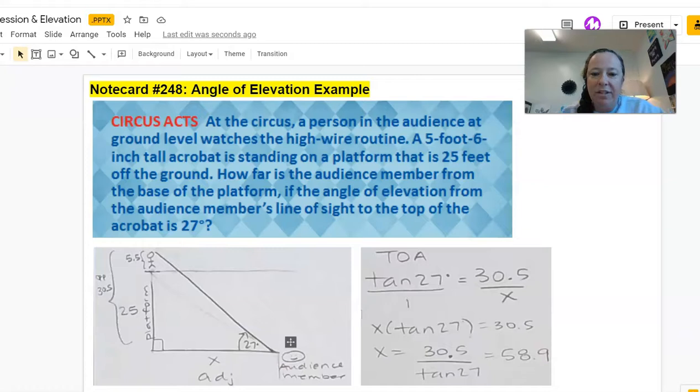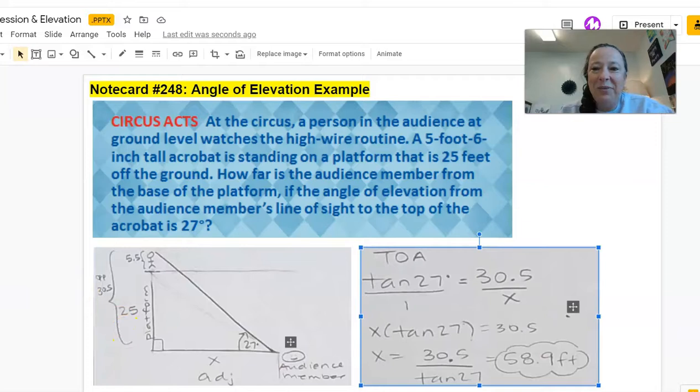Okay, so I'll plop those images in here, and that really should say 58.9 feet. Let me fix that. There we go. So it's really right around 59 feet that the audience member is, the distance from the audience member to the base of the platform.